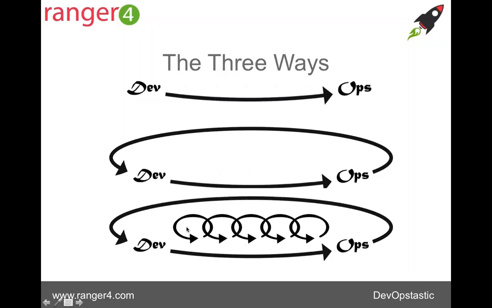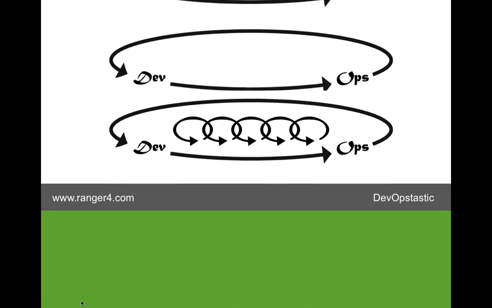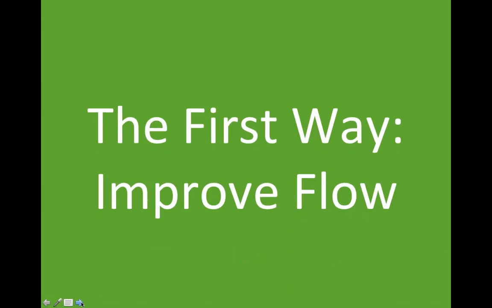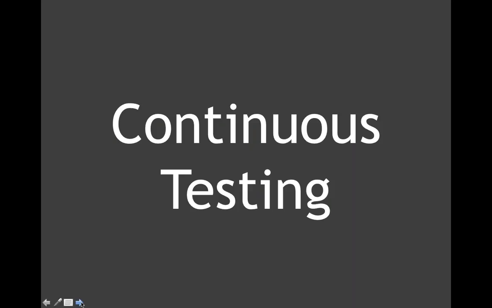And lastly, the experimentation and learning thing, again, lots of little loops, so we have a constant chance to try out new things and learn from our mistakes or learn from our successes. So as I said, the first way, very much about improving flow, very much supported by continuous delivery.